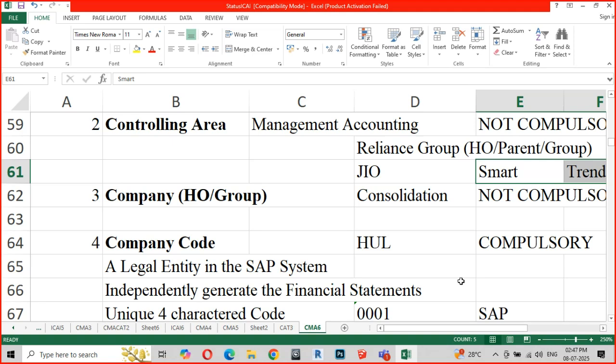But the other company codes which need to pay the rent need to have this rent general ledger account at both the levels: one at the master level, at the chart of accounts level, and as well as at the company code level. Clear? Was this understood? Not understood?